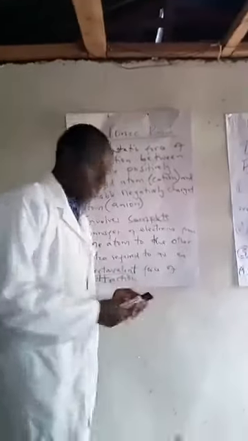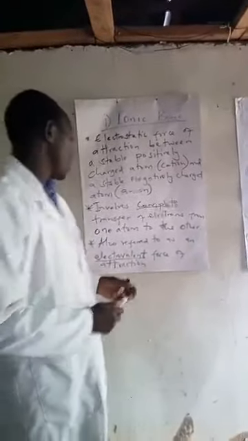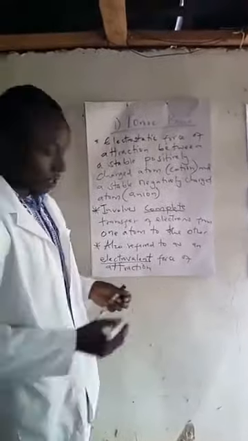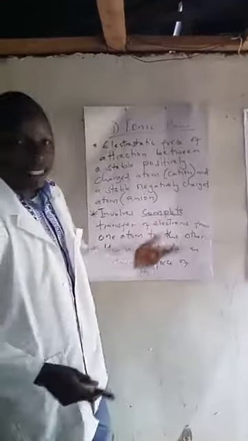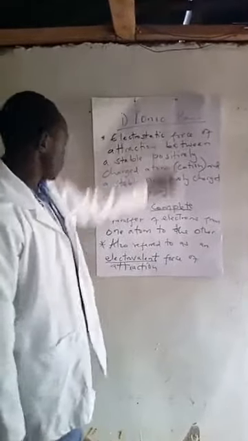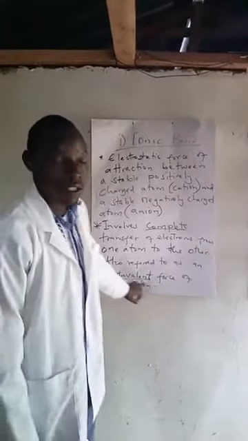Now when we are doing structure and bonding, we are only interested in the outermost electrons. That is what we call valence electrons. That's why an ionic bond is also referred to as electrovalent.